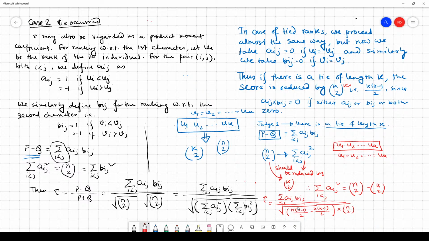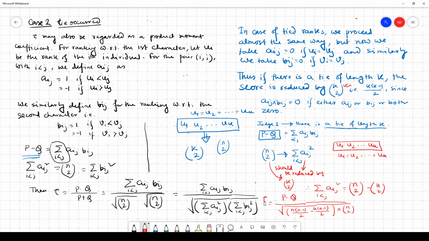That summation is nothing but p minus q. So the formula, when there is a tie of length k for judge 1, is tau equal to p minus q by root over of n into n minus 1 by 2 minus k into k minus 1 by 2, into nC2.